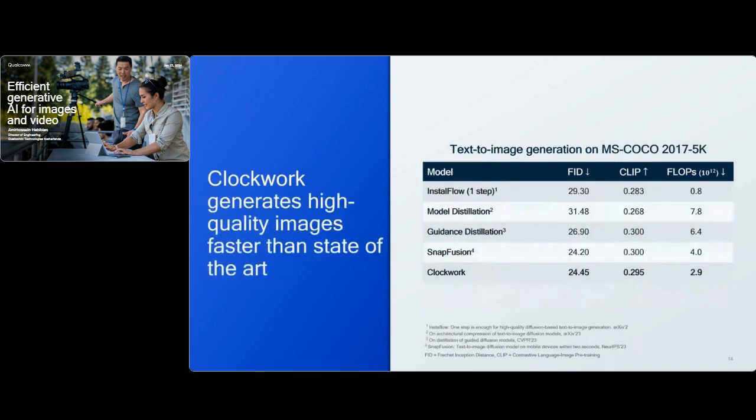We also compare it with state-of-the-art efficient diffusion models, and we observe that Clockwork generates high-quality images faster. For example, at a comparable generation quality to SnapFusion, Clockwork reduces the FLOPs from 4 to less than 3 teraflops, which is good.